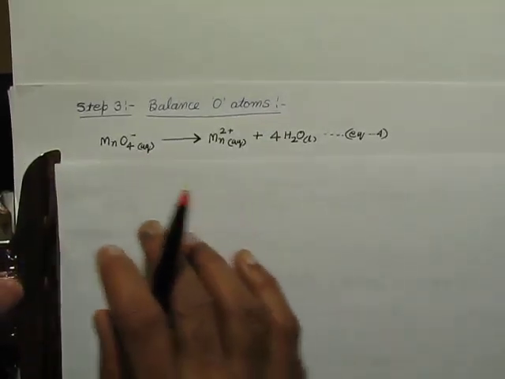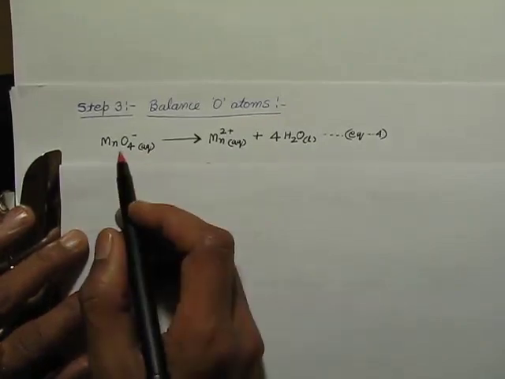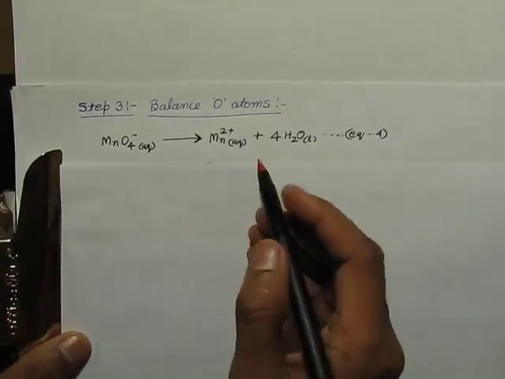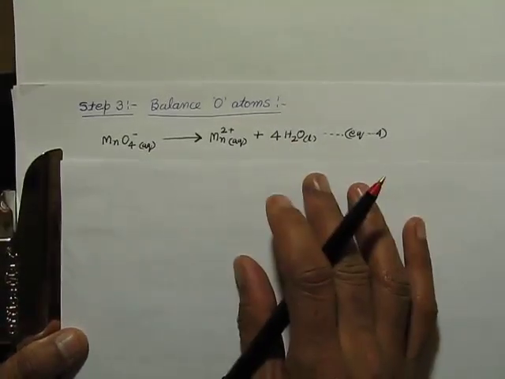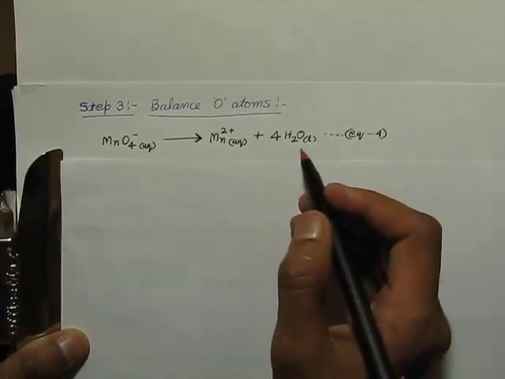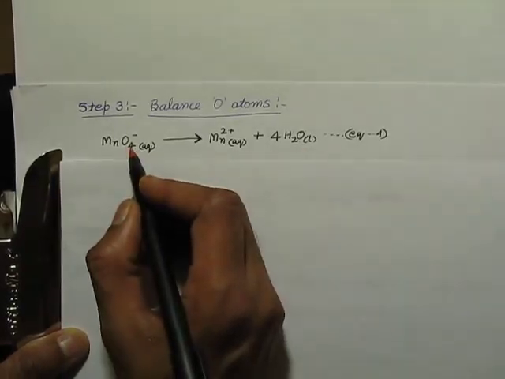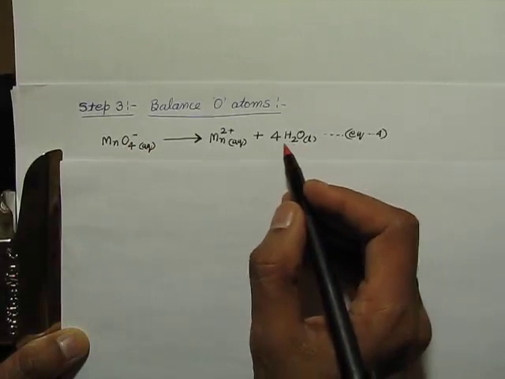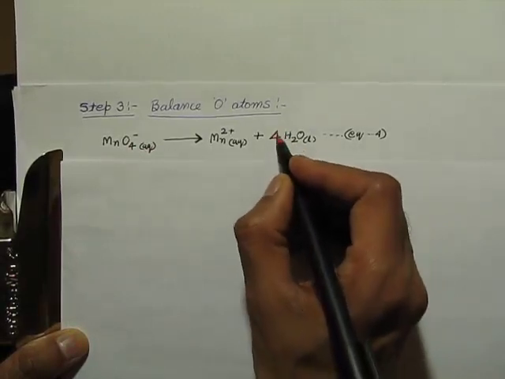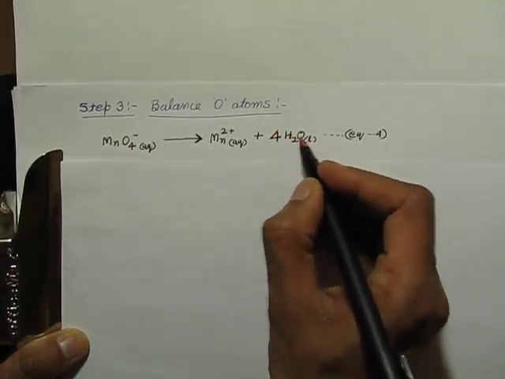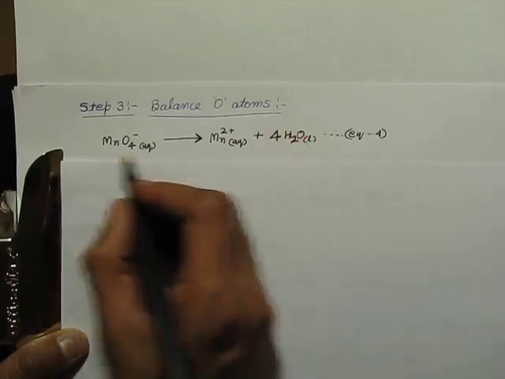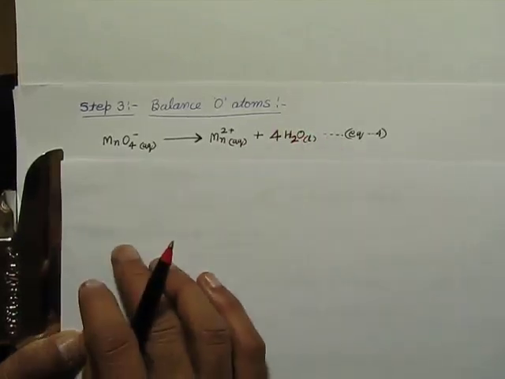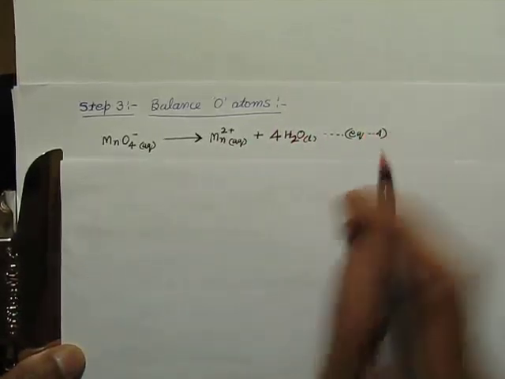So on this side there are 4 oxygen, and to balance the number of oxygen we have to add water molecules as needed. So there are 4 oxygen on the left hand side, so we have to add 4 water molecules on the product side, then we can balance the oxygen in this reaction, and we will give equation number 4.